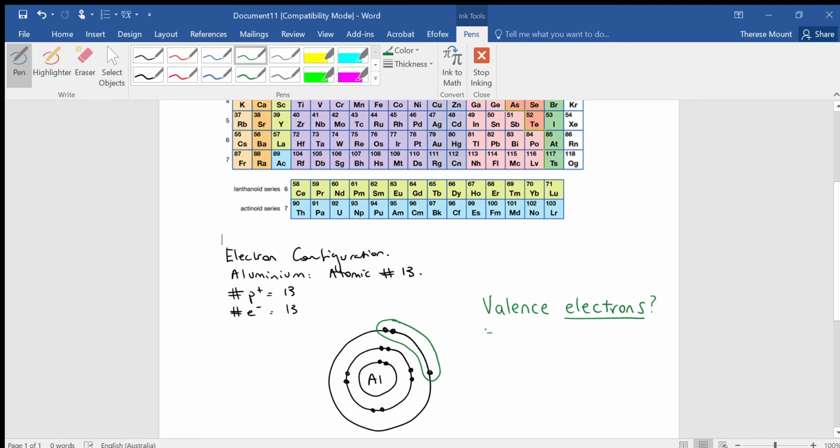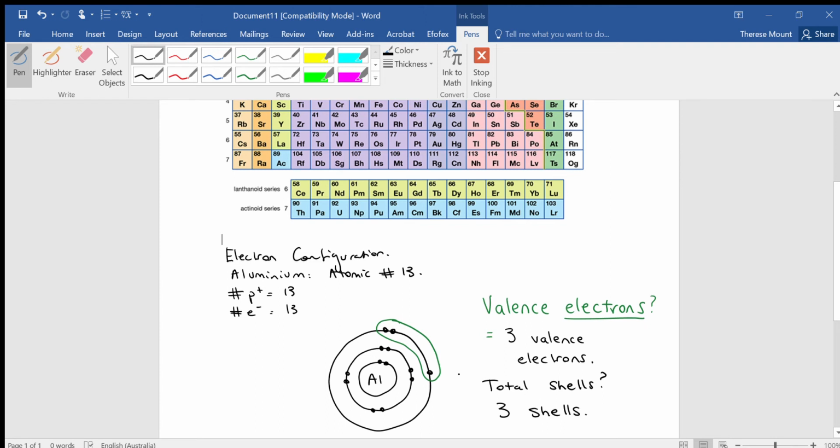Aluminium has 3 valence electrons. Okay, so how many shells in total does aluminium have? It's got 1, 2, 3, so 3 shells in total.